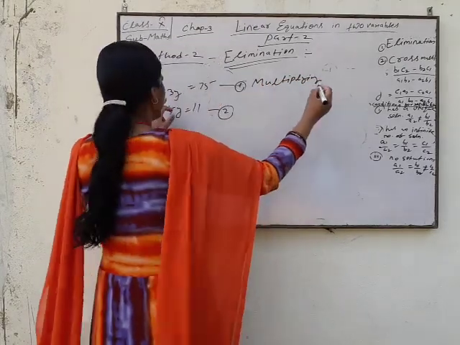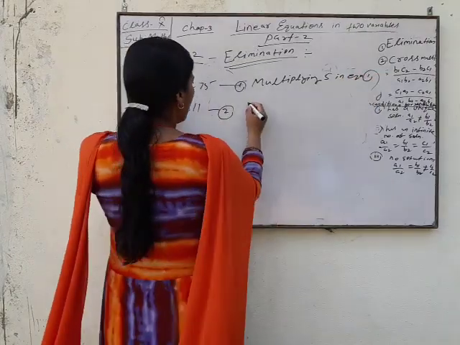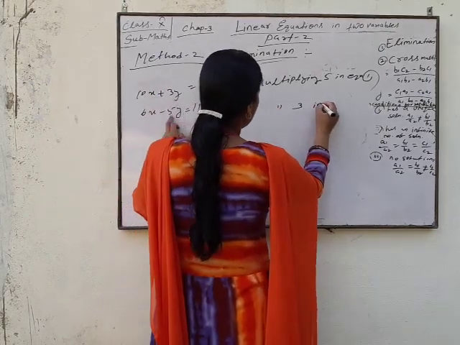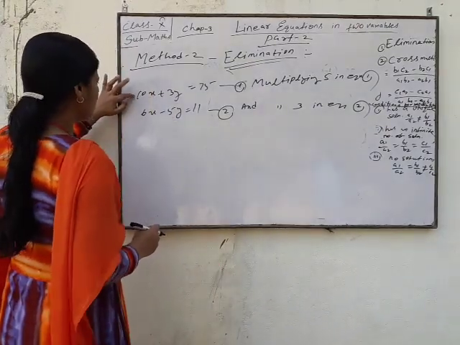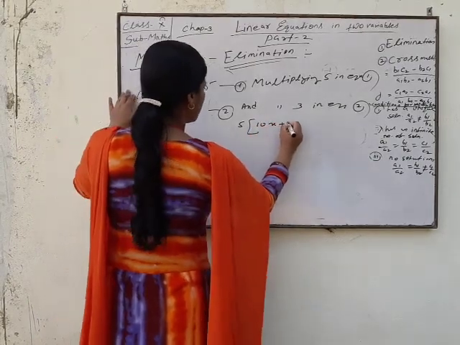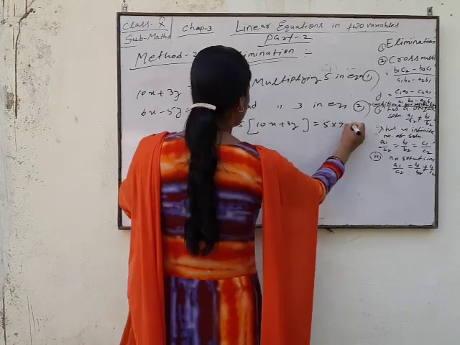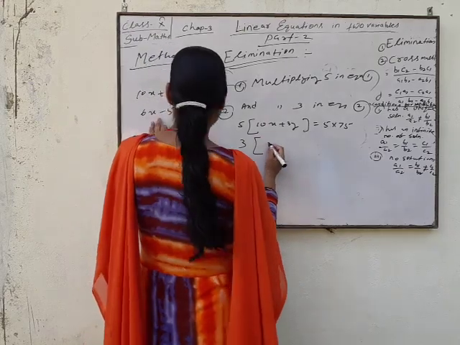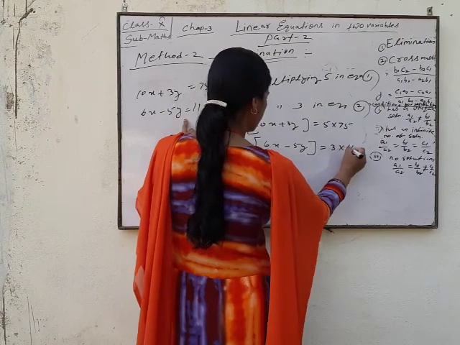Multiplying 5 in equation 1 and multiplying 3 in equation 2. Okay, now look here, 5 multiplying, so 5 into 10x plus 3y, 5 into 75, and in the second equation 3 multiplying, 3 into 6x minus 5y, so 3 into 11.